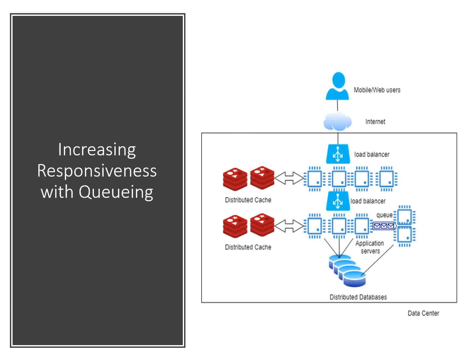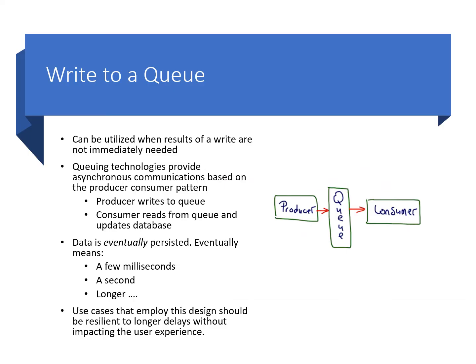But while that's happening, the request has been acknowledged back to the client as being successful. So basically the application is making a promise to the client that it will eventually update the database. This request processing pattern can be utilized whenever the results or writes are not immediately needed by the use case.